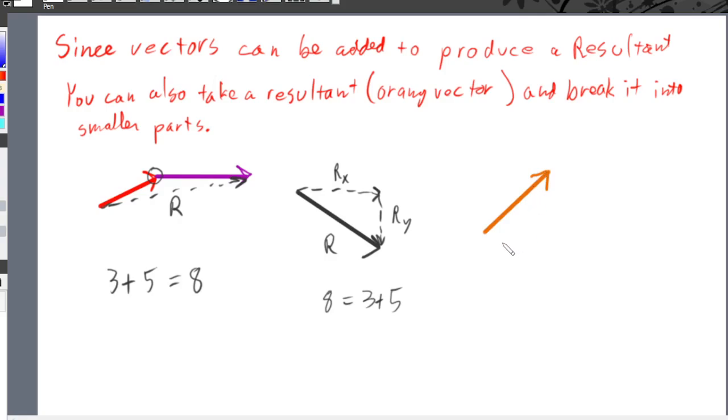How much up? How much right? I'm going to start at the very beginning of it and sketch in a rightward component, and then head to tail with that, an upward component. Let's not call this overall vector R this time, let's call it vector Q. Everybody loves vector Q.